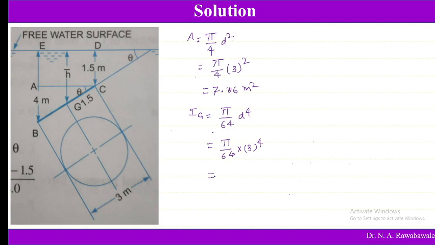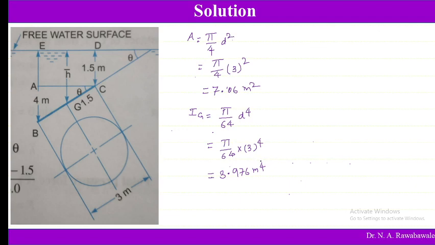So this is pi into d to the power of 4 divided by 64, which gives us 3.976 meter to the power of 4.